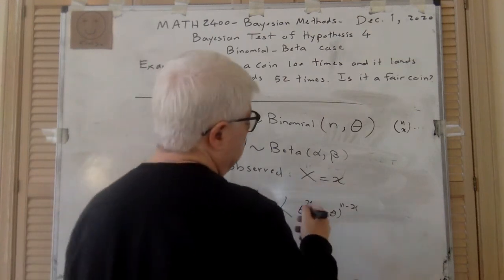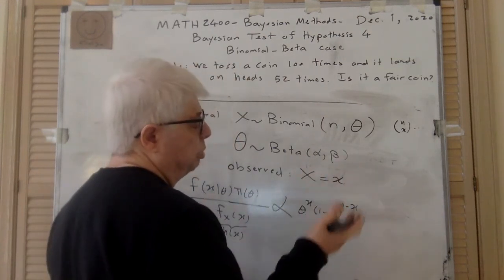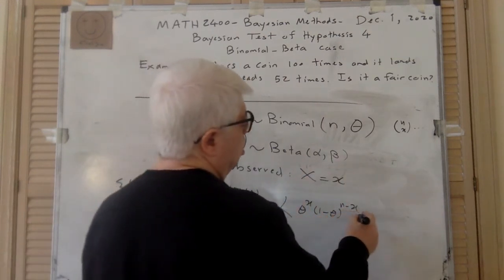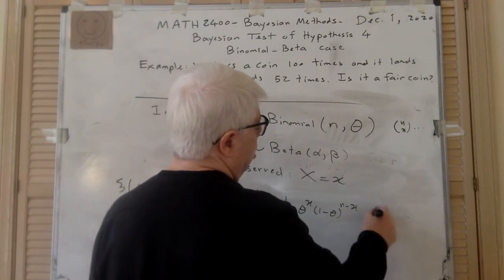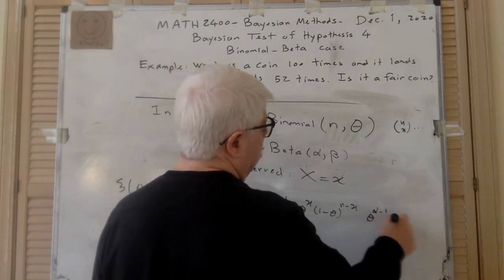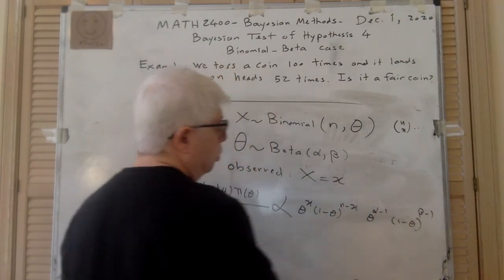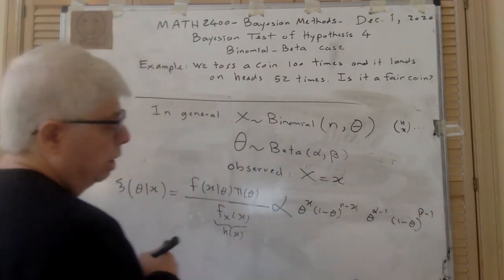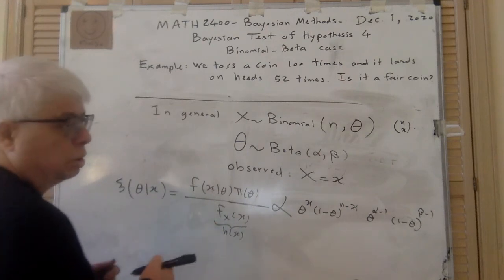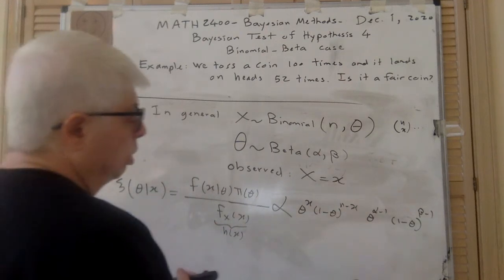Pi of theta has, again, gamma of alpha plus beta and so on, but it also has theta to power alpha minus 1, times 1 minus theta to power beta minus 1. That's for this, and some constants. This is also a constant, so I don't care about the constants.